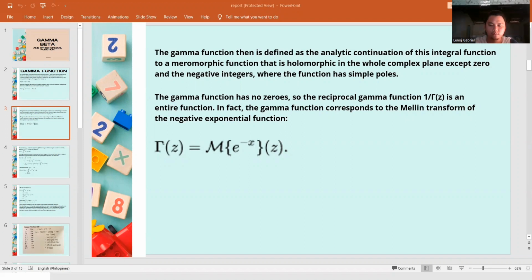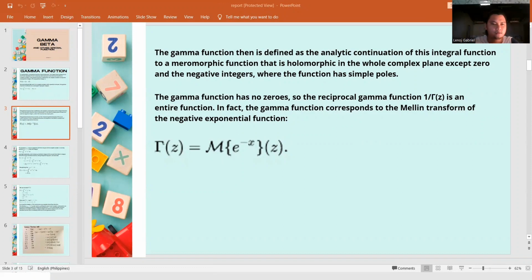So we have now 0 factorial is equal to gamma of 1, the integral from 0 to infinity of x raised to n e raised to negative x dx.